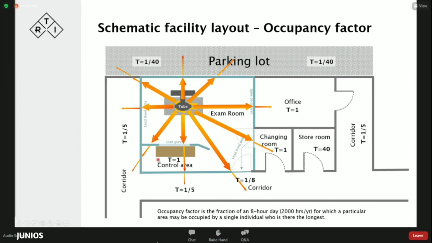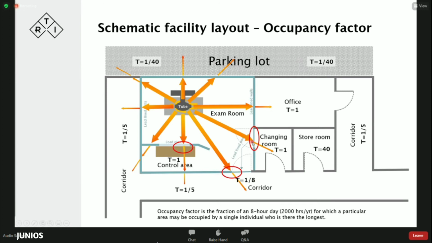So normally, over time, very little changes are actually observed on these shieldings, but some other points of interest could be, for example, lead glass and the door jambs.